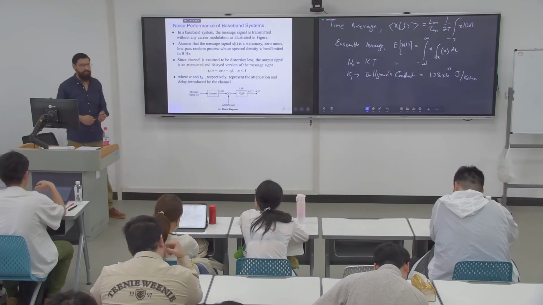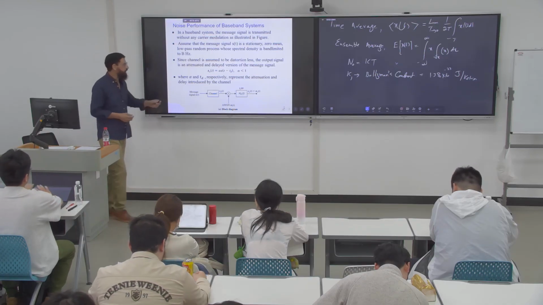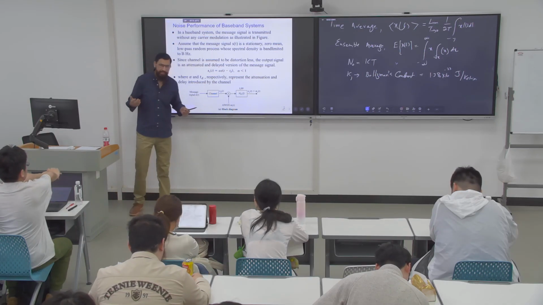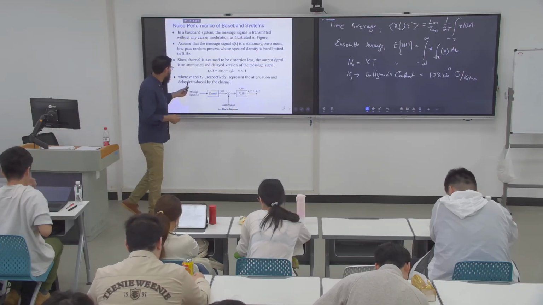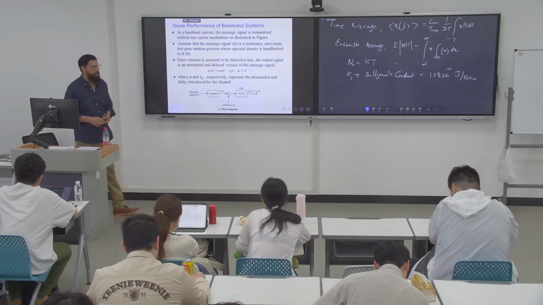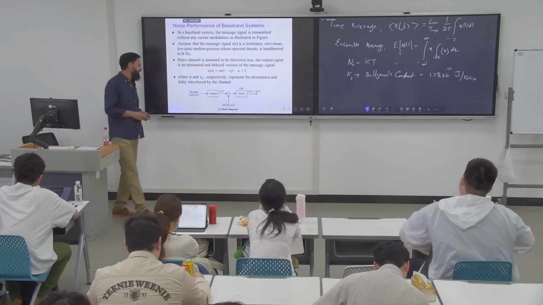So if it's distortionless, it will give us an attenuation alpha and a delayed version, where alpha and TD respectively represent the attenuation and delay introduced by the channel.